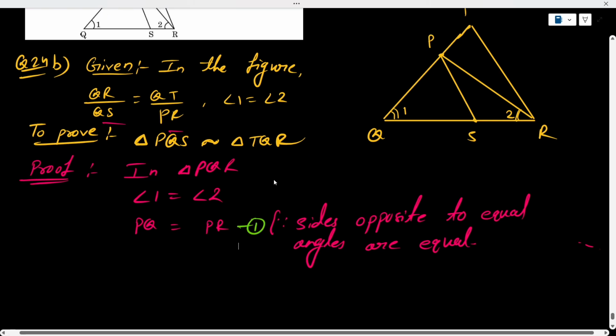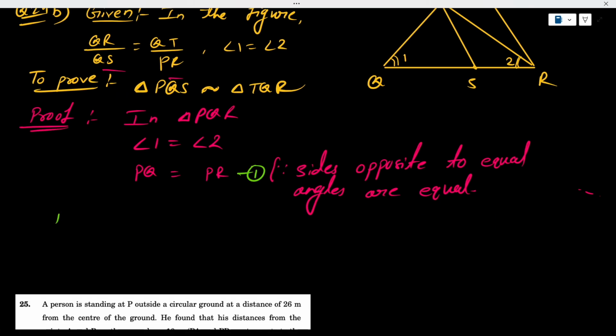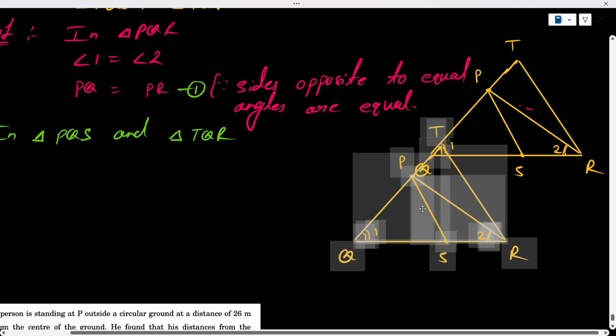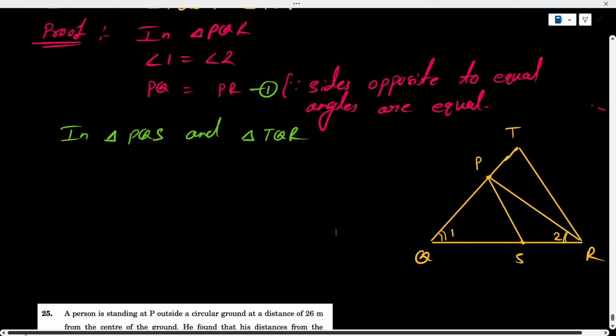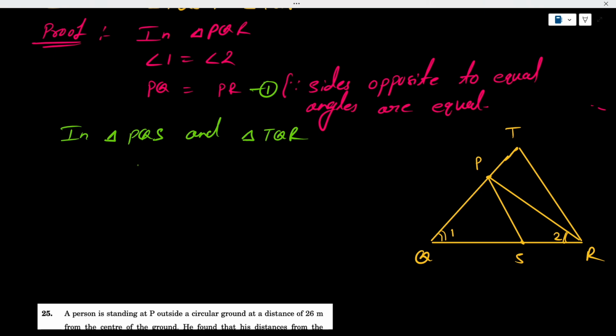Now, which two triangles do you need to prove similar? Triangle PQS and triangle TQR. This is the figure. So how are we going to use this figure here? What is given here? I can start with angle 1 is equal to angle 1. It is the common angle. Now, SAS.